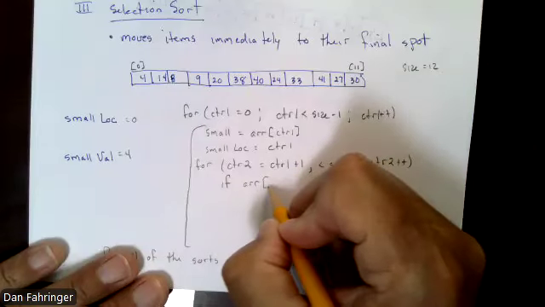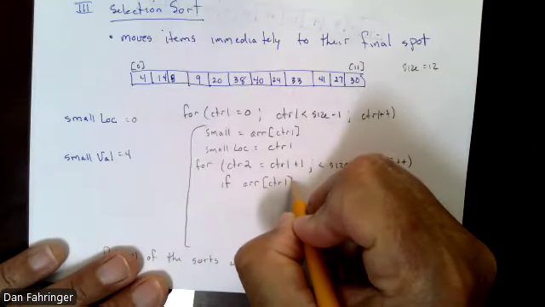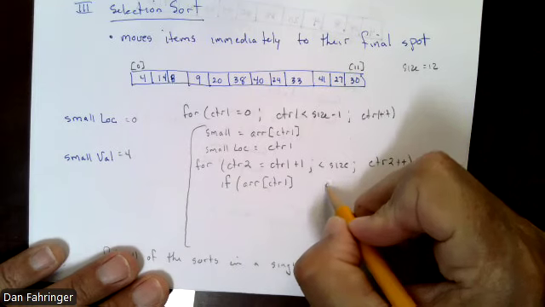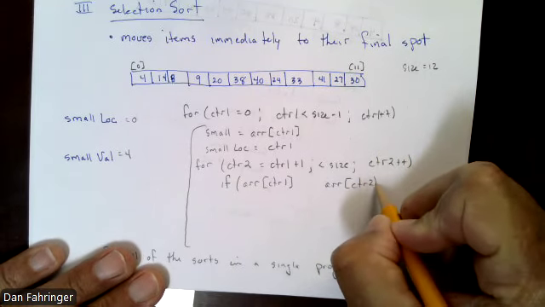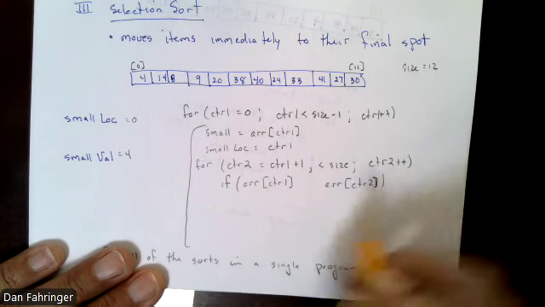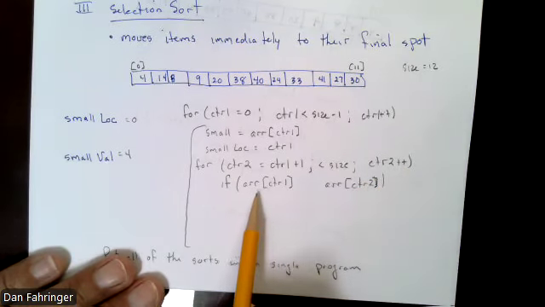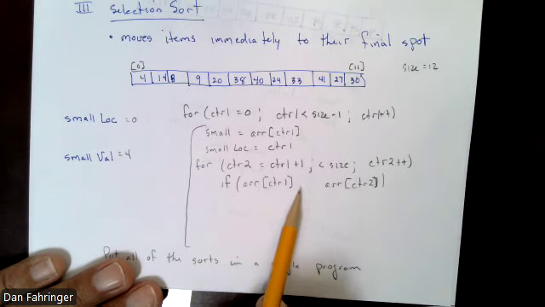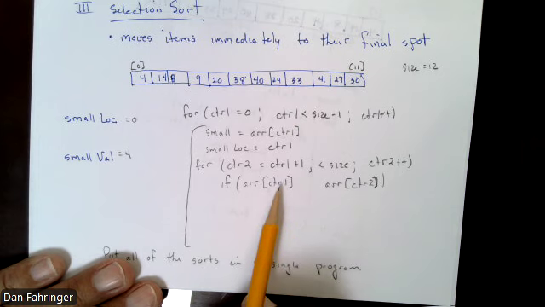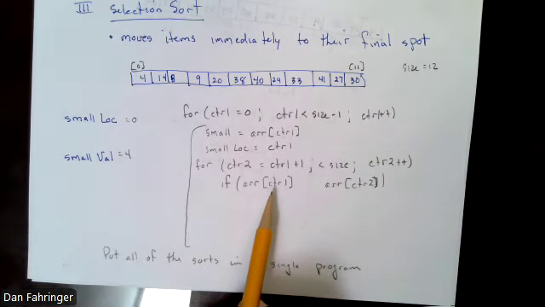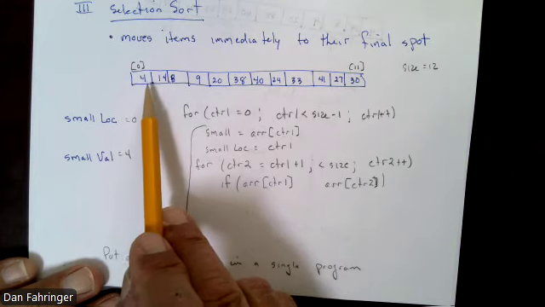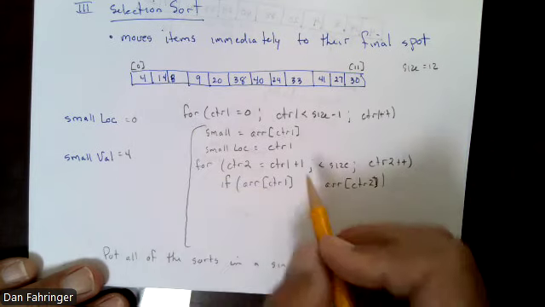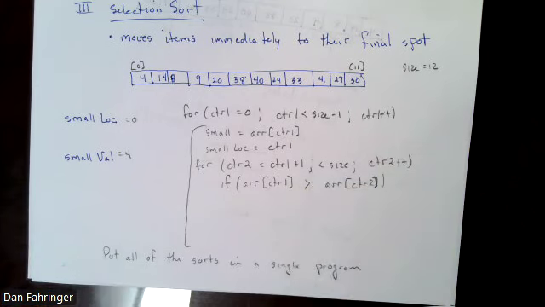Array sub counter 1, we're going to compare it to array sub counter 2. And something good happens when array sub counter 1 is what? If it's less than, it's good. Nothing happens. If it's greater than, something's got to happen.